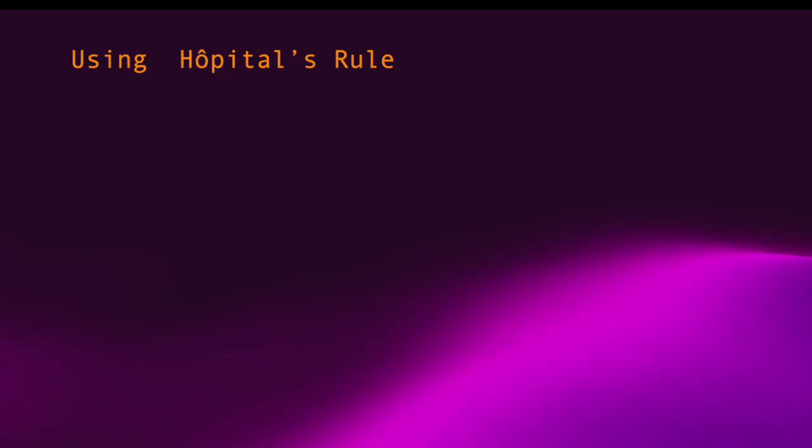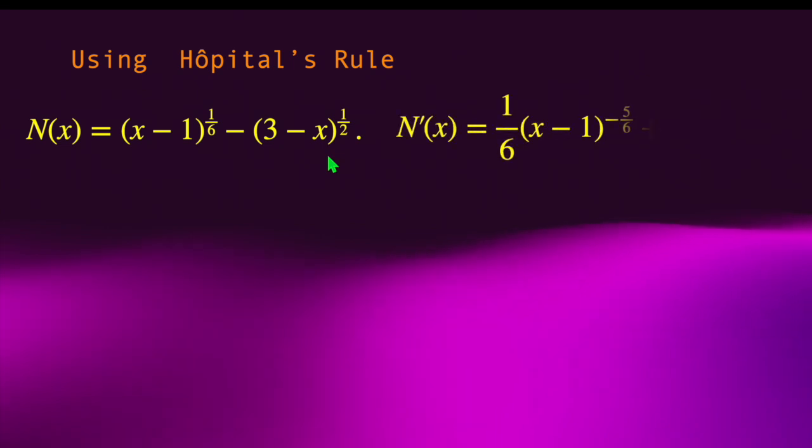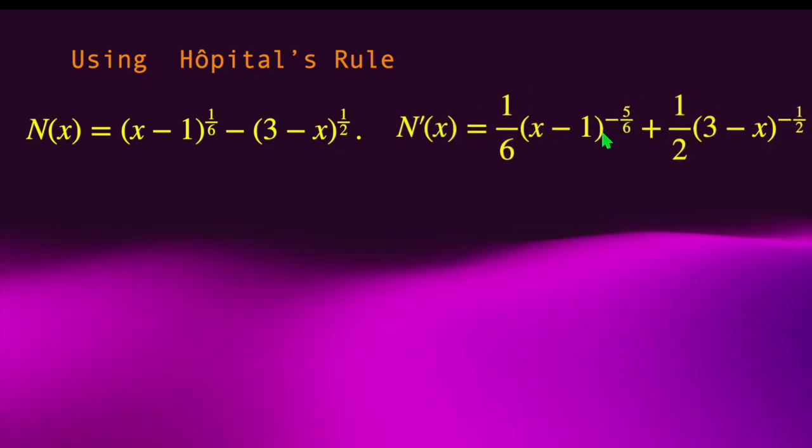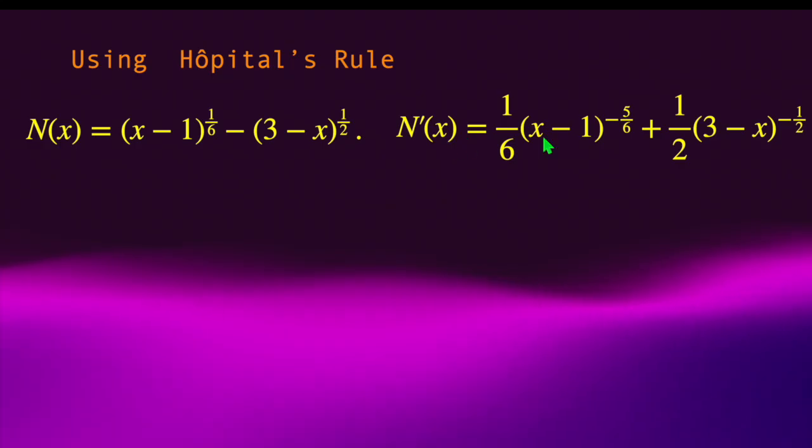Now we can use L'Hôpital's rule to see the power of this rule. So we have the numerator equal to this. We compute its derivative. Here we have plus because we have minus here, so we get the derivative of the numerator.